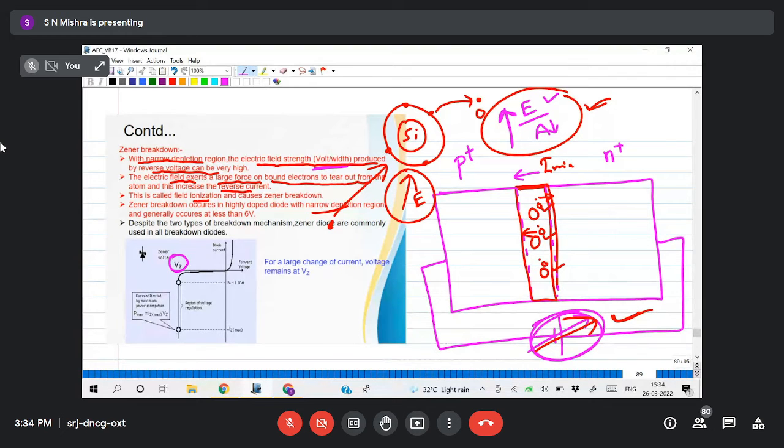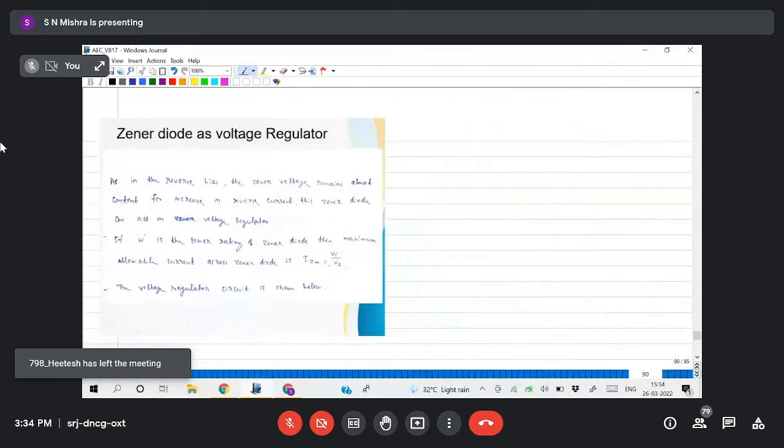Even if we get the voltage from the source, that is not constant, some variation will be there. But if we require constant voltage, then how will we get that constant voltage? We may use this Zener diode as a voltage regulator. Okay. So let us see how it will be used.